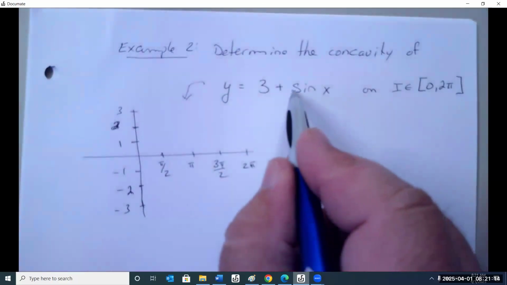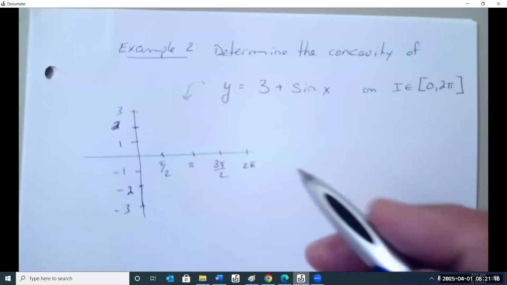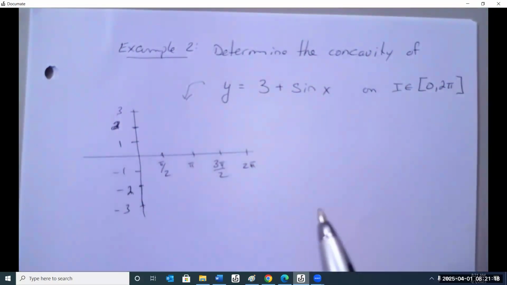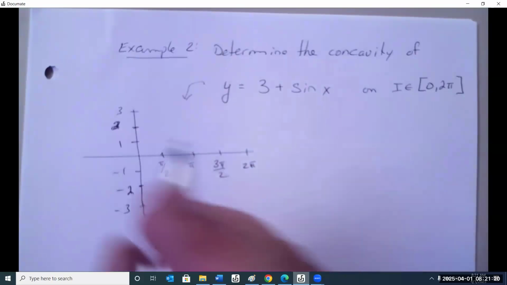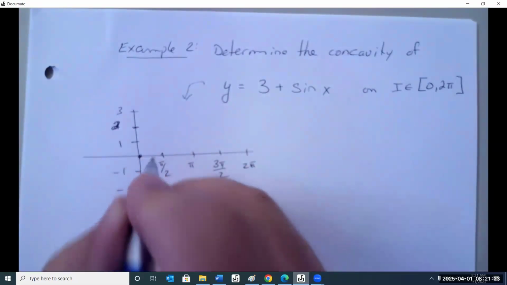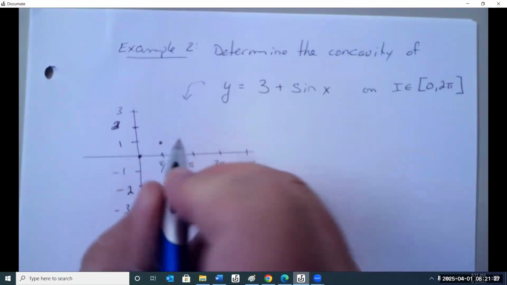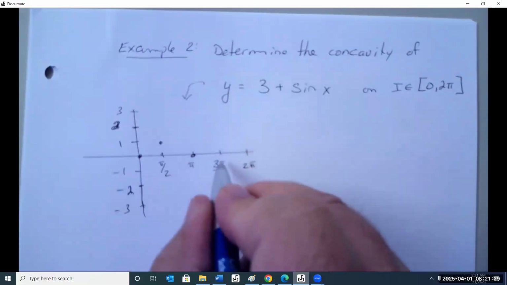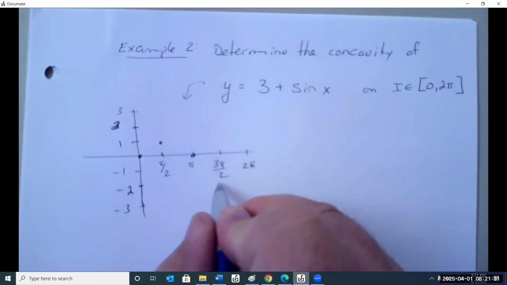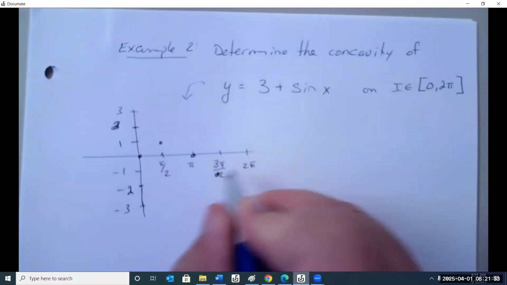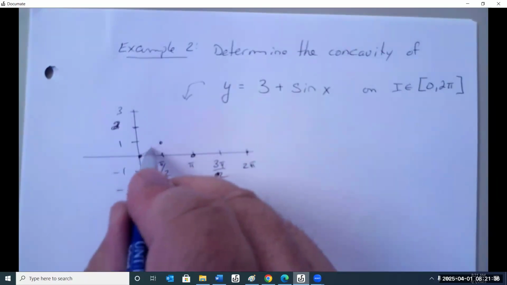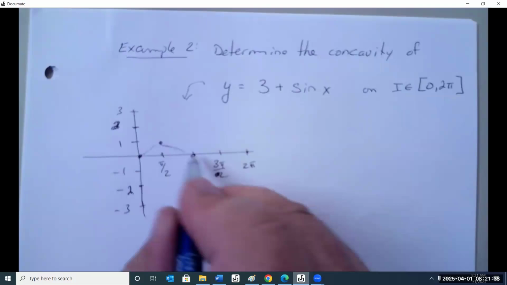Let's look at the sine function. At 0, what is sine? 0. At pi over 2, 1. At pi, it's 0. At 3 pi over 2, it's -1. At 2 pi, 0. So the sine function looks like this.